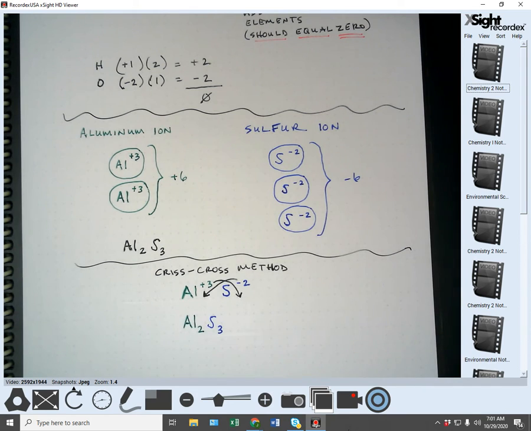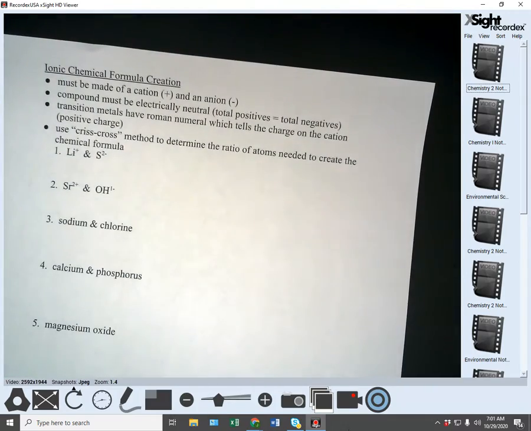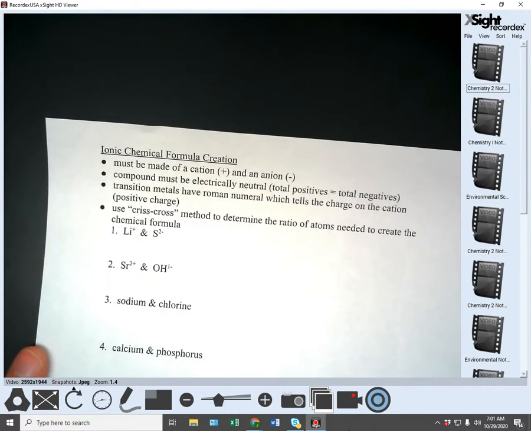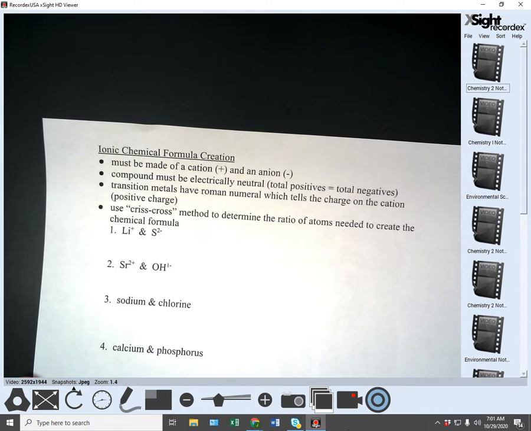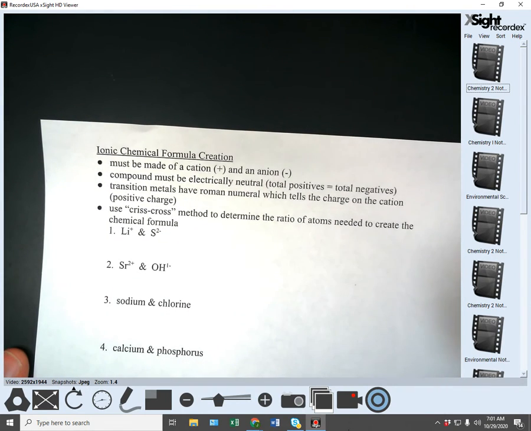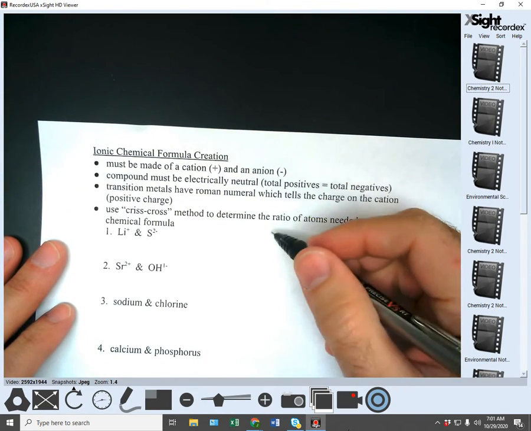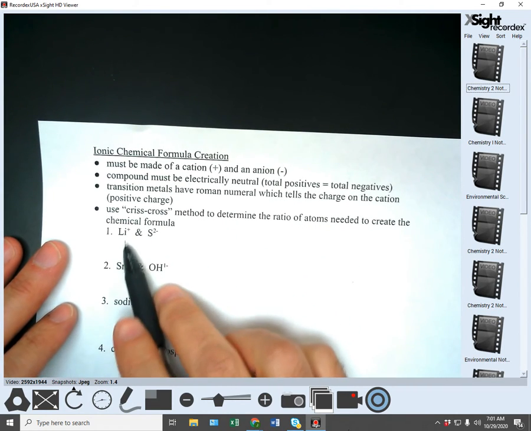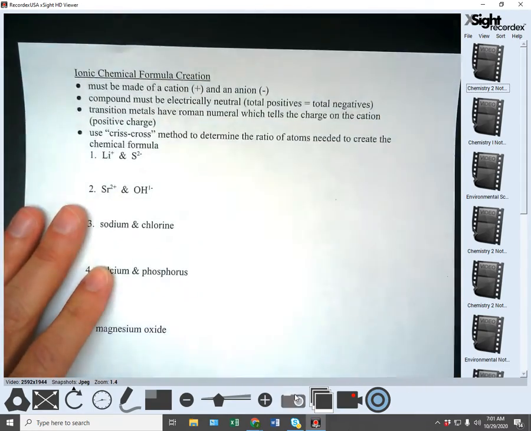Let's go back to the notes. Okay, in the notes, we have this. So with the ions, okay, we've got the 2 ions here. We are doing the crisscross method. So let me zoom in a little bit here.